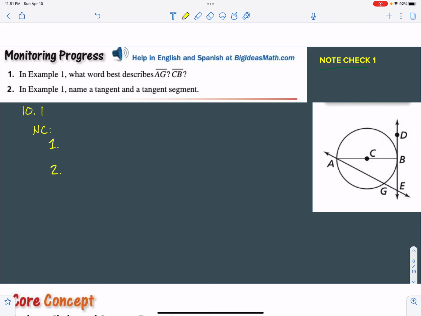So please label and name segment AG and then segment CB for number 1. The image is right over there to our right, and it says name a tangent and a tangent segment as well. I am going to check your notes for these throughout the chapter, and that will be part of our homework grade. So make sure we get those note checks down.